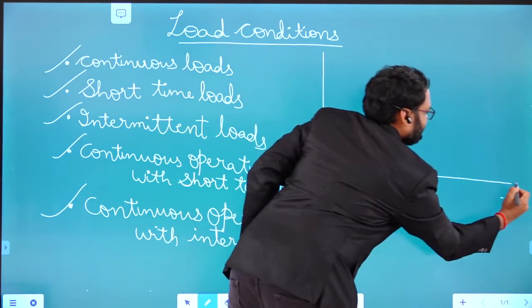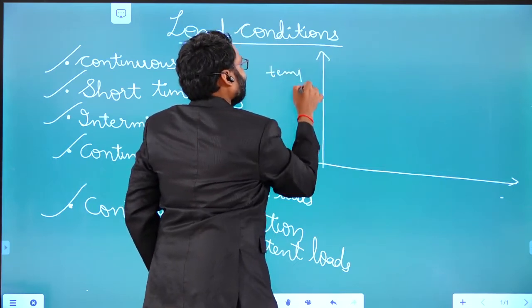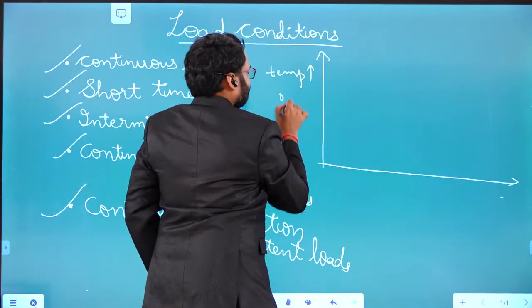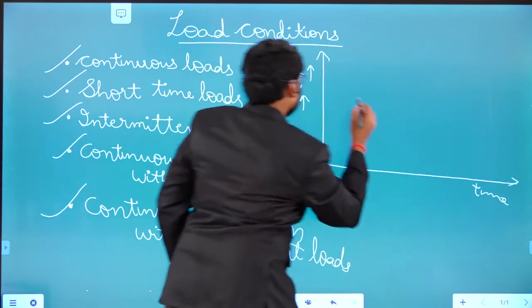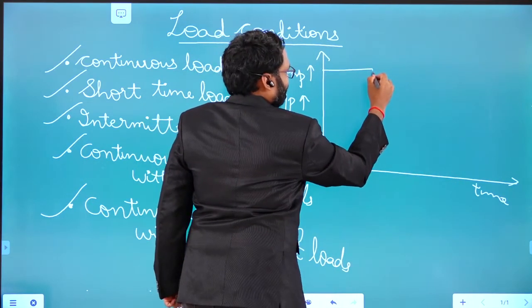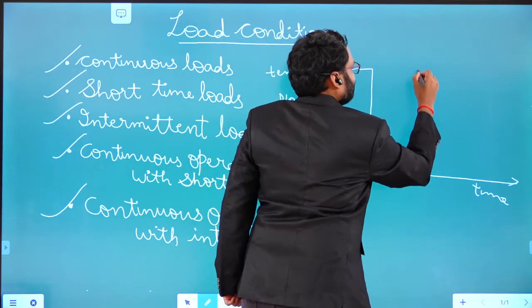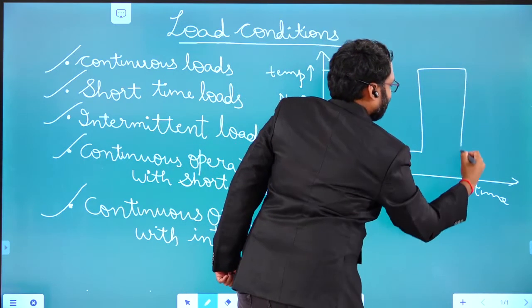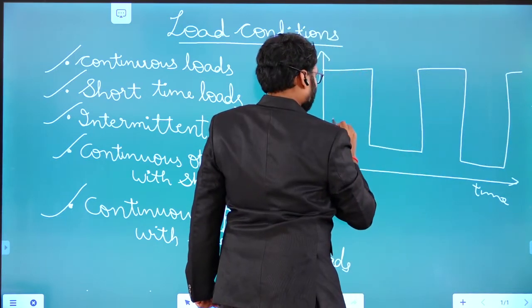Again I am representing the temperature and output with respect to time. Here the dark line is the load torque, that is the output, and the dotted line is the temperature rise.